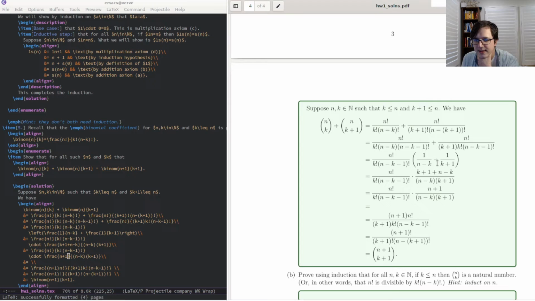And so then we combine these together to get k plus 1 plus n minus k over their product. Well, then the k's cancel out, so we're left with n plus 1 on top, and this has not changed the whole time, which is good. So the top is correct, k factorial is correct, the k plus 1 is correct, but then I don't know what's going on here.